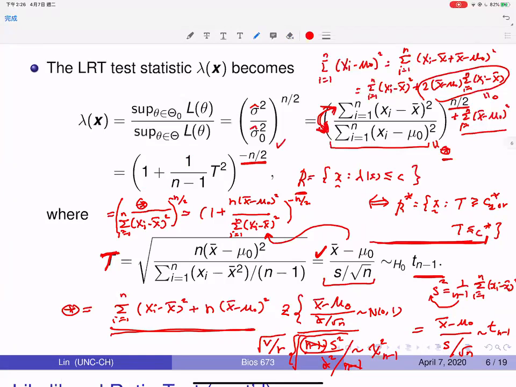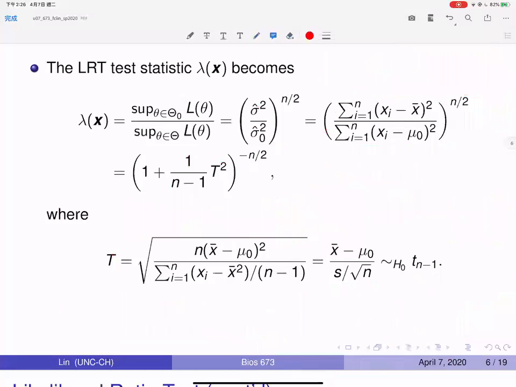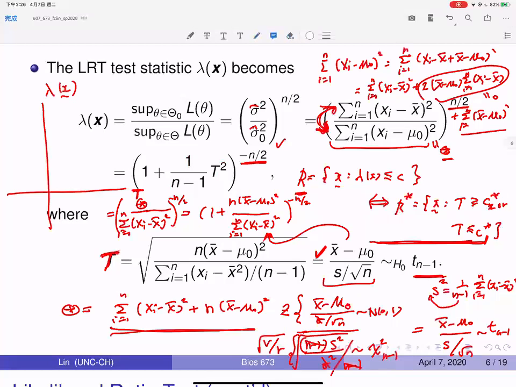Really, you draw that lambda x right here as a function of your statistic, t. Sorry about that, let me take out something, not necessarily critical.